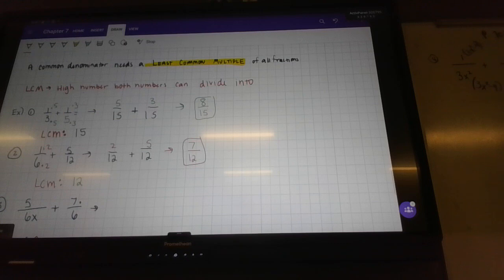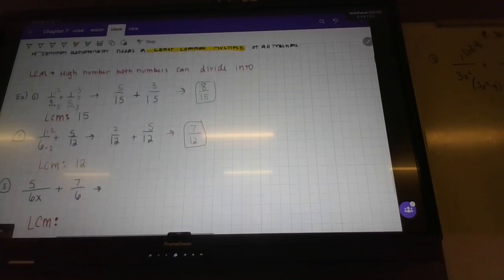Okay, number 3. What would be the LCM in number 3? 6 and x. You just have to include everything. So as soon as they start throwing in variables, just make sure you include that in your common denominator. So I'll write out 2 fractions with the new common denominator and multiply in whatever's necessary. The first fraction already had 6 and x, so it can stay 5.